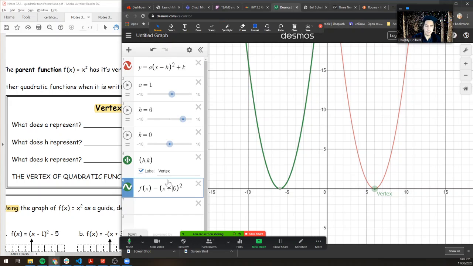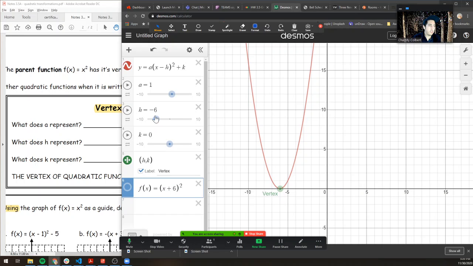It'd be minus negative 6, which is plus 6. Notice here, if I make this h value negative 6, it moves in the negative direction, even though it'd look like plus 6. So h moves it left or right, and again, it's opposite of what you think. If it's x plus 6 here, you're actually moving to the left, negative 6.